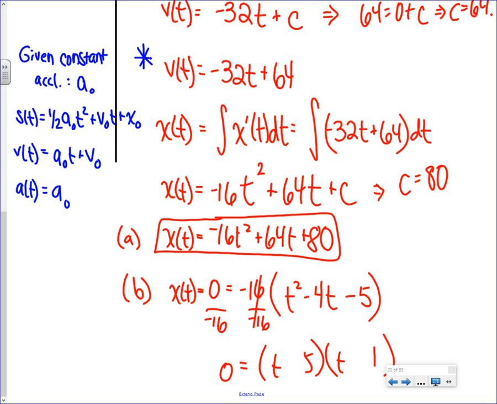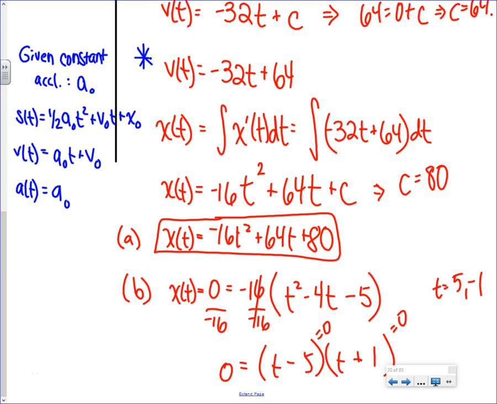Negative 5 and 1, yeah, that's the one. So t equals, remember, factors equal to 0, set each equal to 0, we end up with t equals 5 and t equals negative 1.